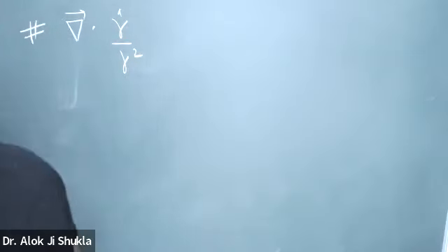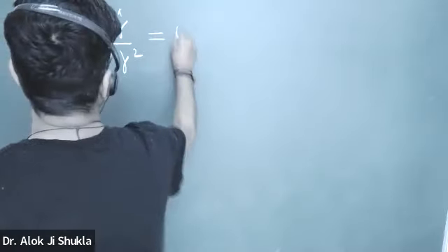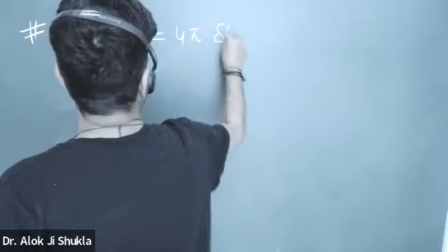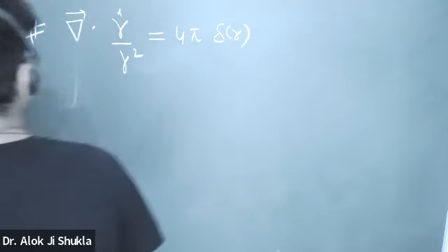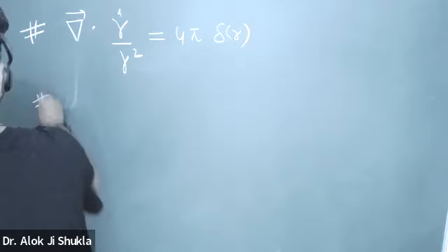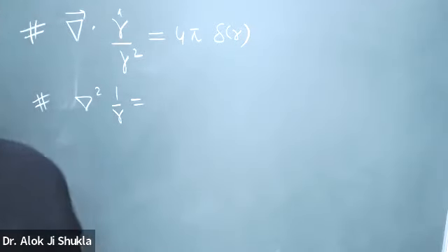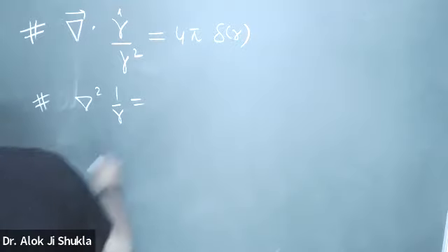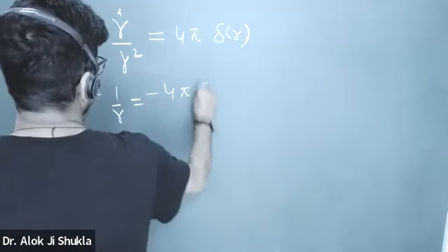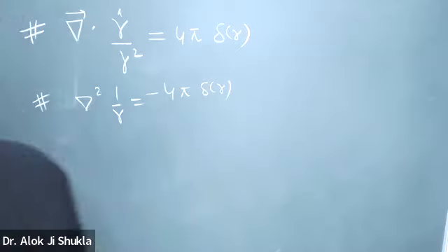Actually, I would prefer discussing this in vectors, but write it in delta function because this is related to delta function. And another one is del square of 1 by r, which is minus 4 pi delta function of r.